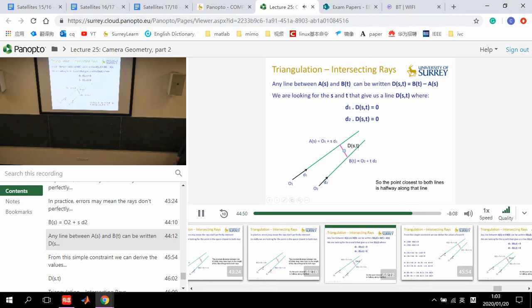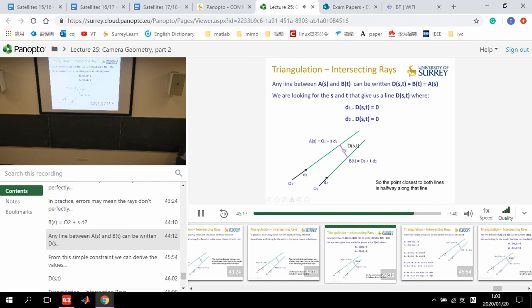with the equation for this line, d of s,t, which is basically this optimal point B of t minus this A of s, where t and s are the positions we have to move along the lines to position ourselves such that this is the shortest line between the two. I mentioned that this shortest line will be orthogonal to both rays.